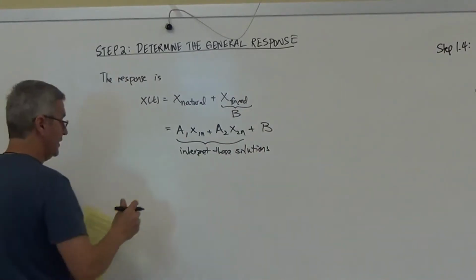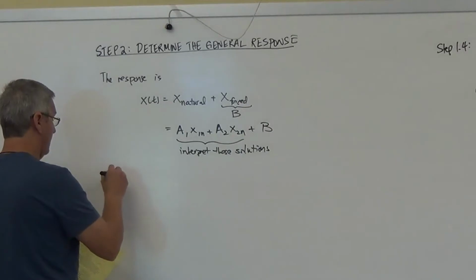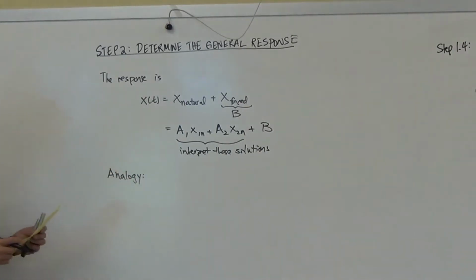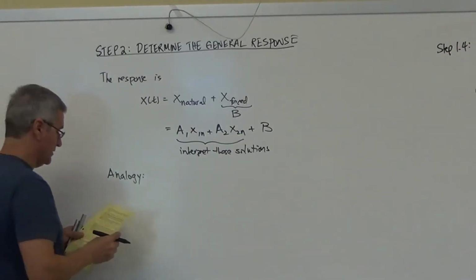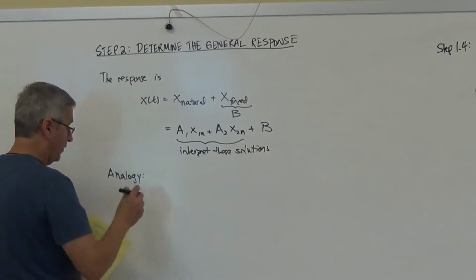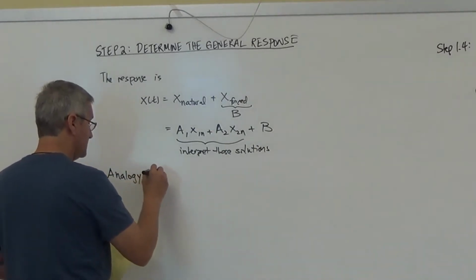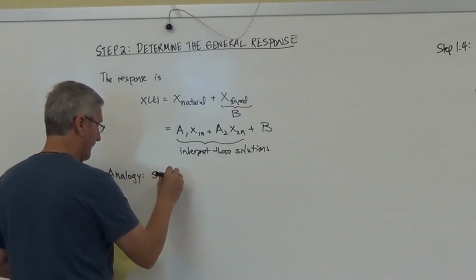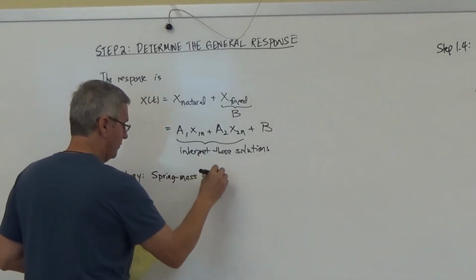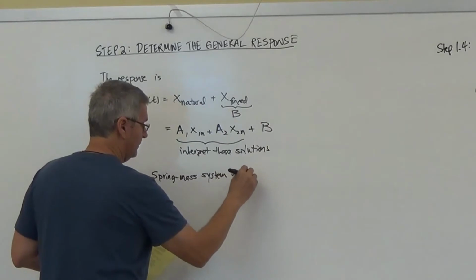Well, the first thing I want to do is an analogy. And the analogy is that to understand a 2-storage element system like we're talking about, I want to talk about a spring mass system with damping.